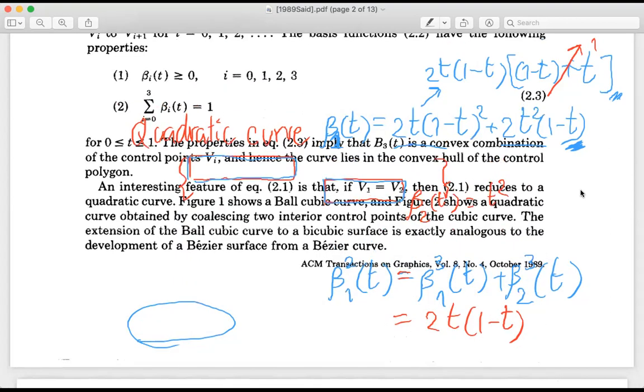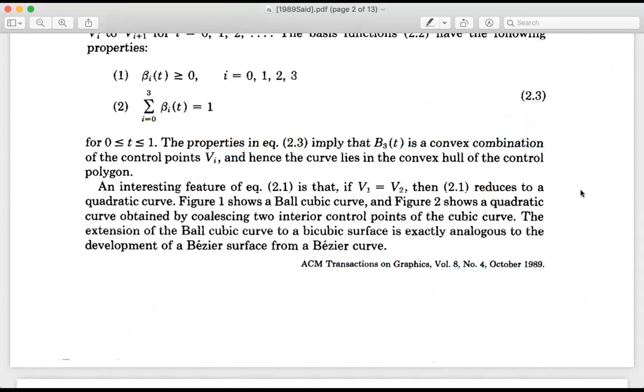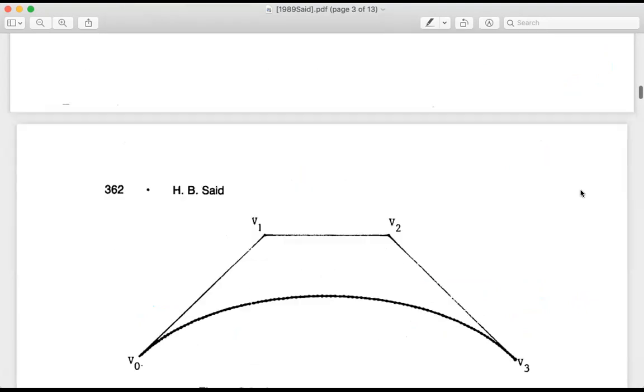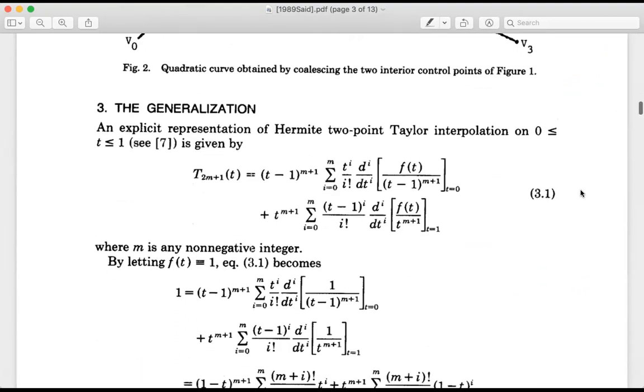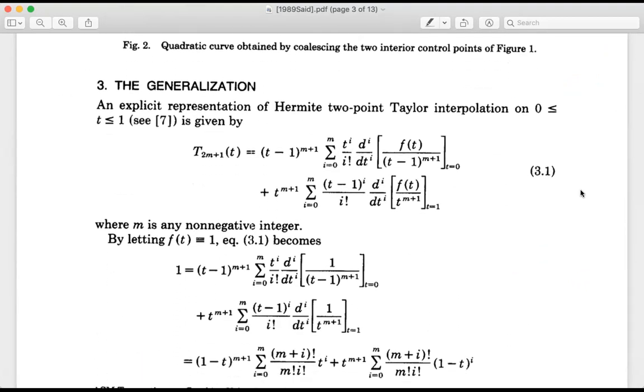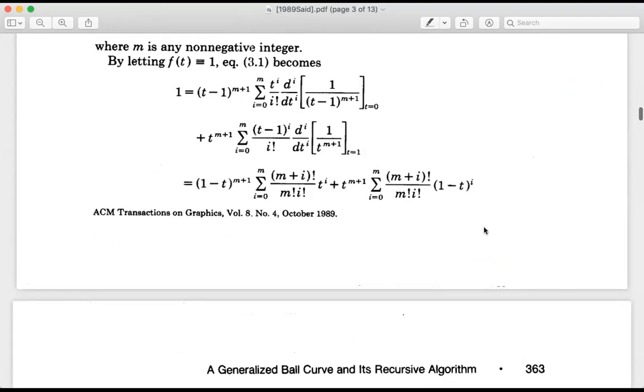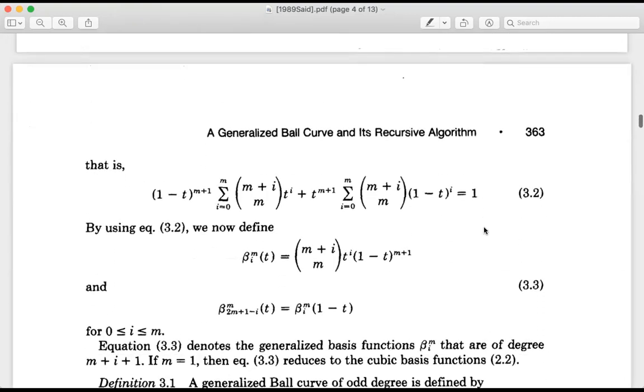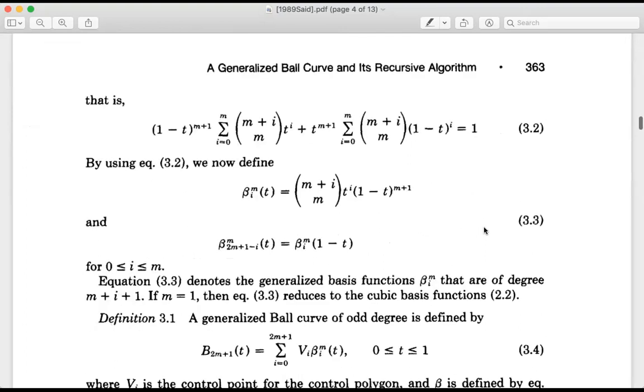Okay. So this one is the generalization, an explicit representation of Hermite two-point Taylor. Okay, we are not going to go into the detail of the proof here, but I want to show you the result of the generalized basis function.